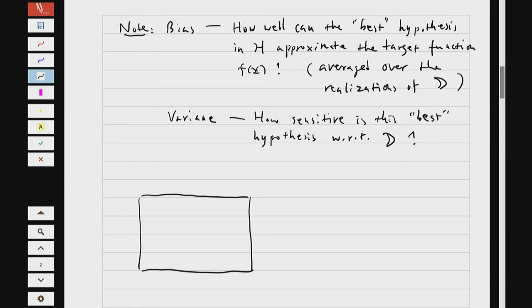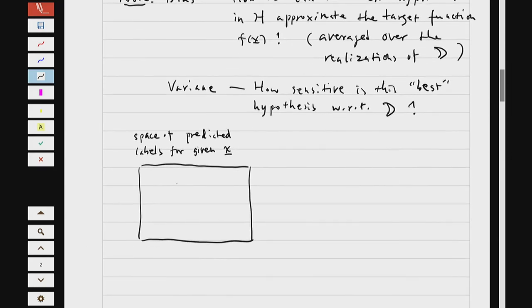I want this rectangle to represent the space of predicted labels for a single given x. Suppose I have an h like this, then there are these different data points here.